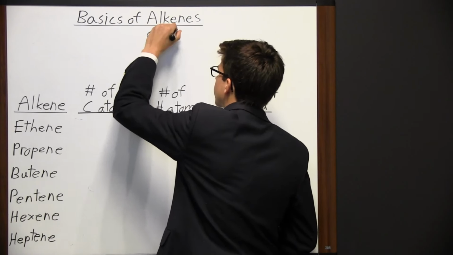So now we have 3 different structures: n-pentane, isopentane, and neopentane. These are all isomers of each other, because they have similar chemical formulas but different structures. And so that's some of the basics of isomers.